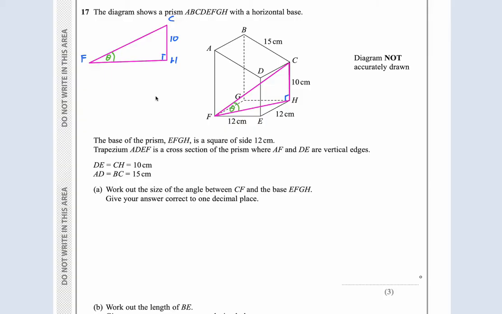Now the length I can find is actually this length, FH, because I can use the square at the bottom in Pythagoras' theorem to find FH. So let's draw this square. Okay, there's a square. Nice. This square is FGHE.